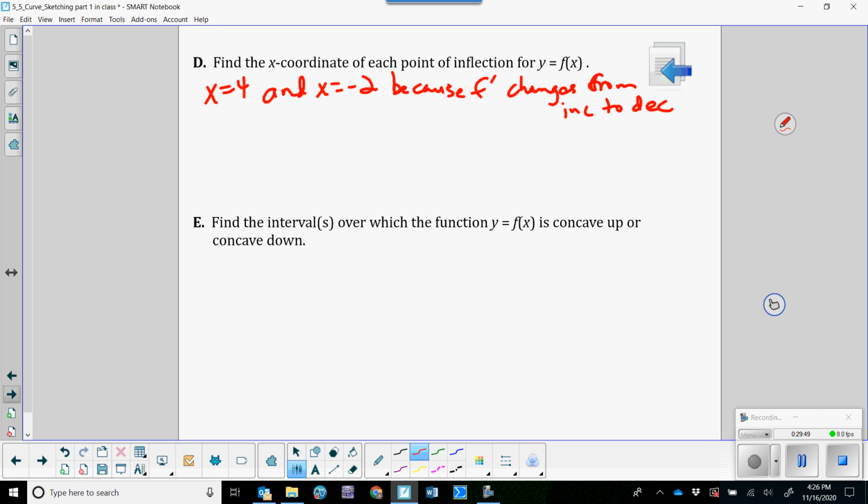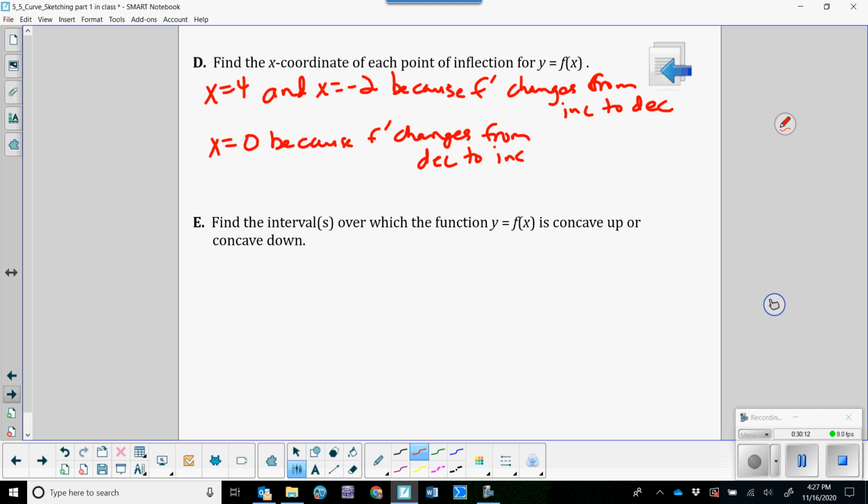So that's a point of inflection. And we have x equals 0 because f double prime, or f prime, changes from decreasing to increasing. So those would all be points of inflection.